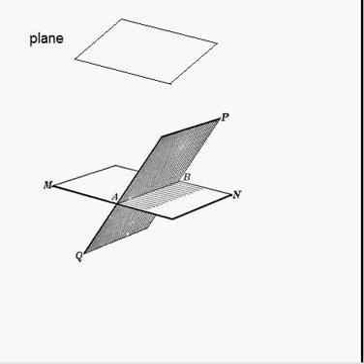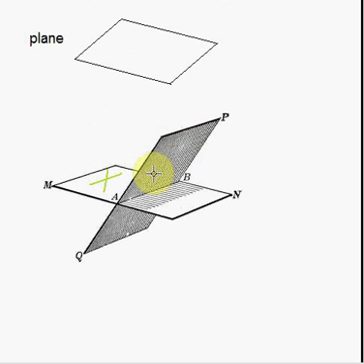Okay, now when there are two lines that intersect, they will lie in exactly one plane. So think about this line and this line. Now remember, these lines go infinitely in this direction, and in that direction. These two lines that intersect lie in the same plane, so they are called coplanar.